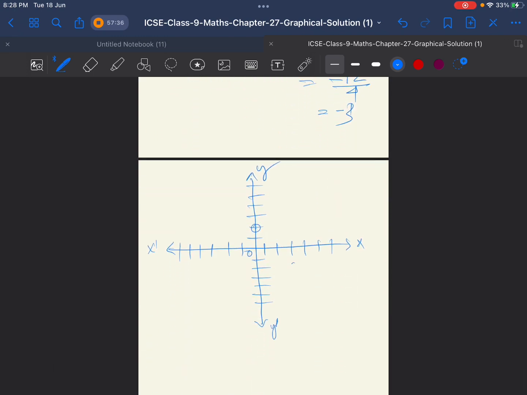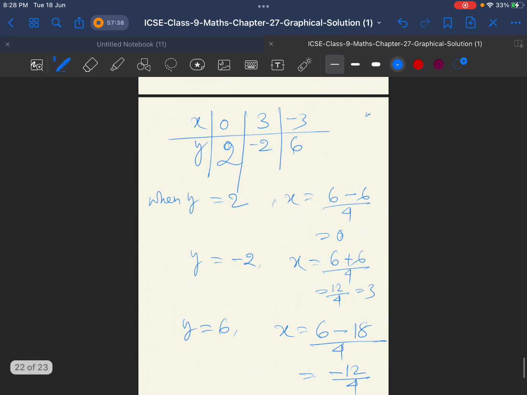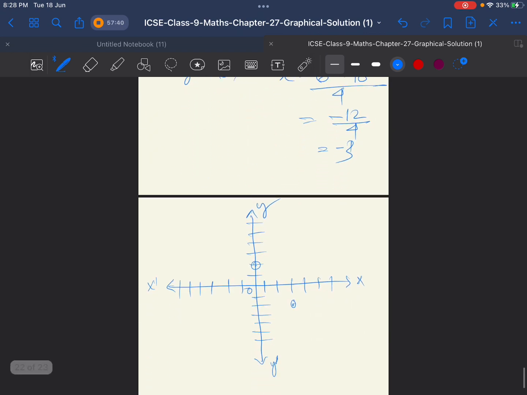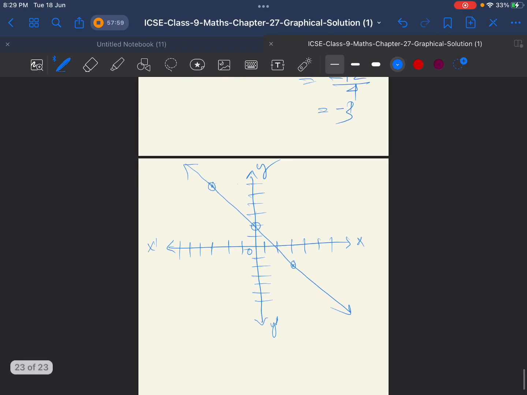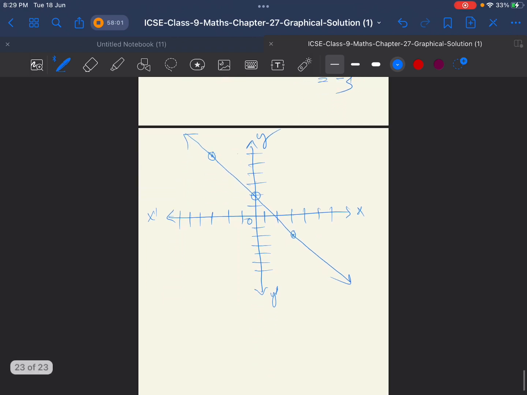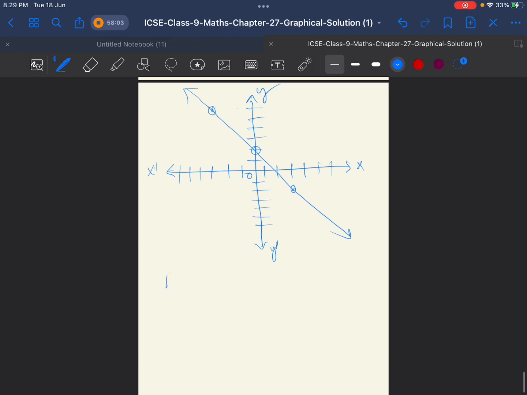So first point is 0, 2. Next point 3, minus 2: 1 2 3, minus 2 is here, this point will be here. Now the next point minus 3, 6: 3, and 1 2 3 4 5 6, this point is here. So now we draw a straight line. This is the straight line in this graph.